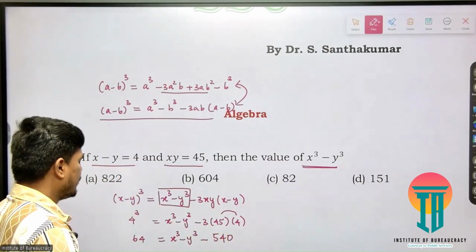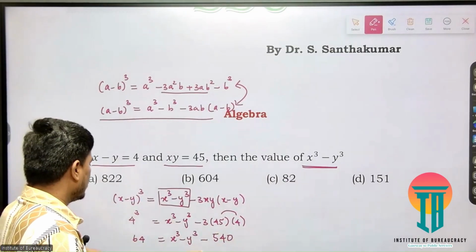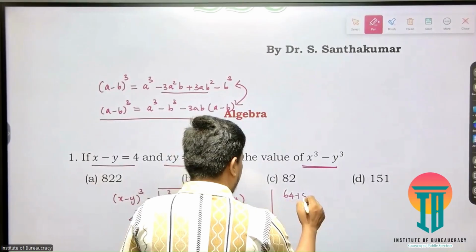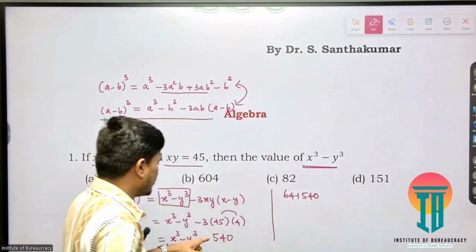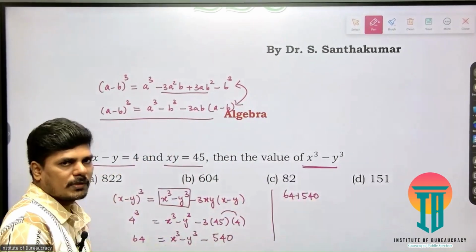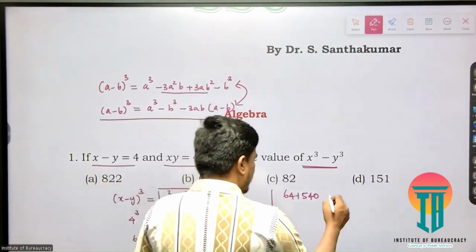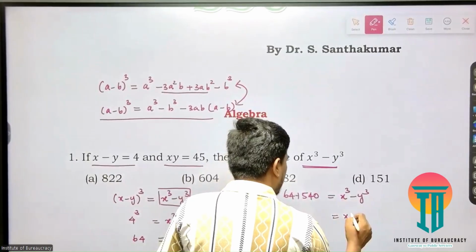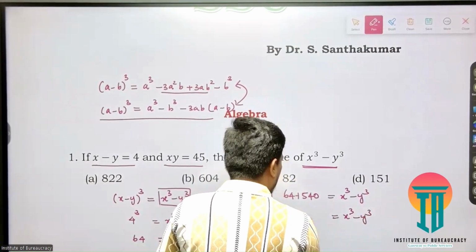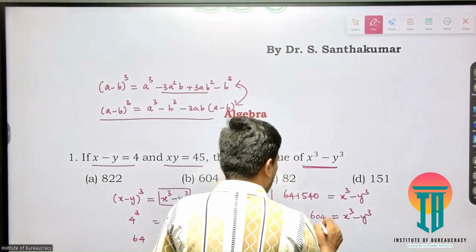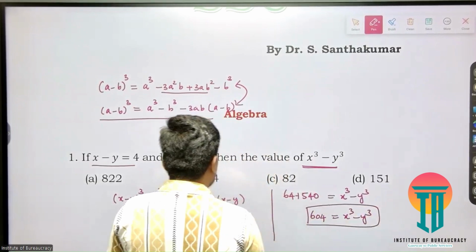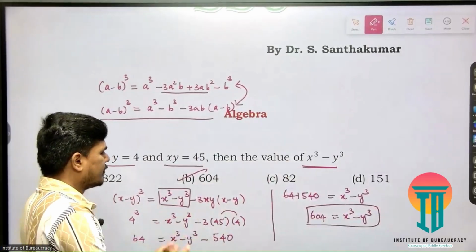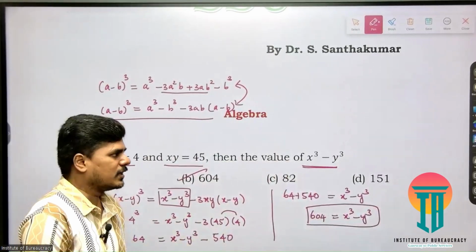So this is 540, and then you bring this side. So 64 plus 540: when 540 comes to this side, it becomes plus 540, equal to x power 3 minus y power 3. It's going to be 604. 604 is the answer. Just by simply applying the formula, we get the answer.